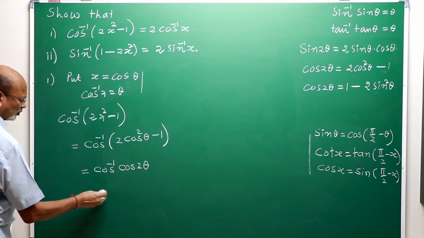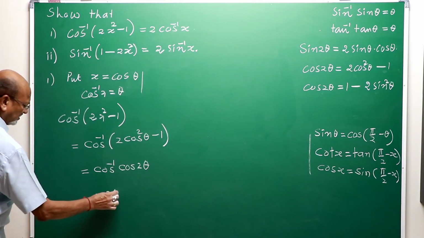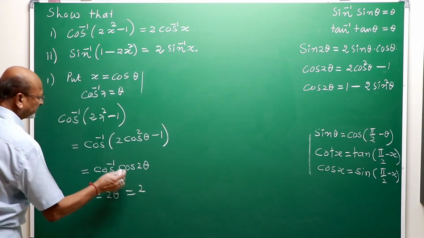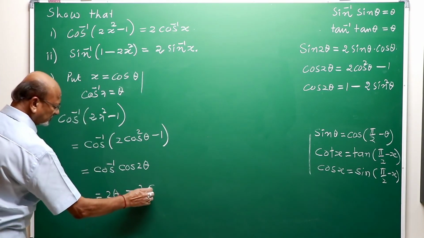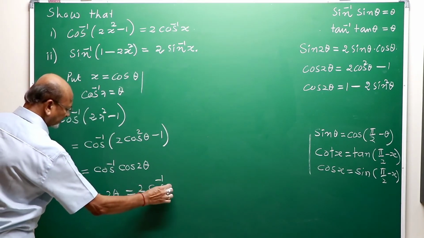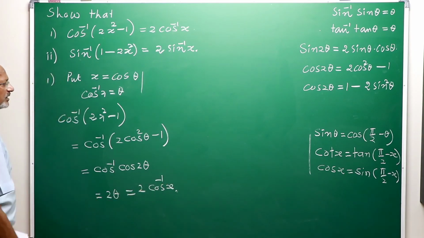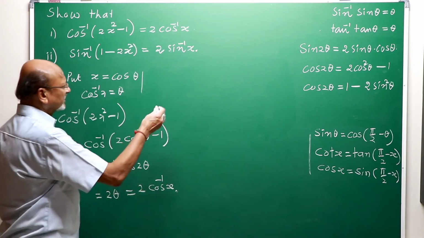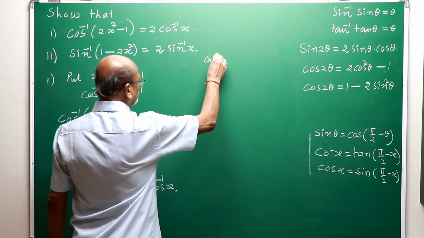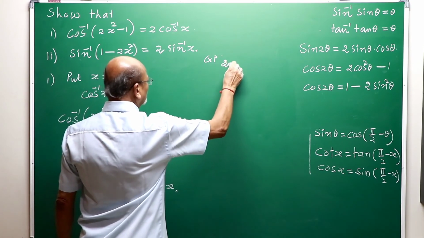What is cos inverse cos 2 theta? It is 2 theta. What is the value of theta? Cos inverse x. Simple, my friends. Again this second, I think it appeared in the board exam question paper, again a 2 mark question.